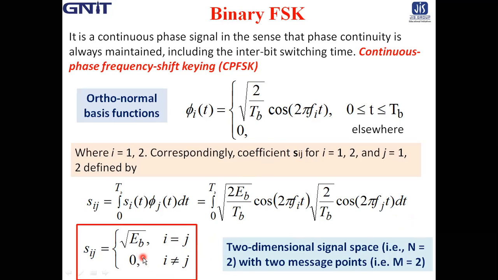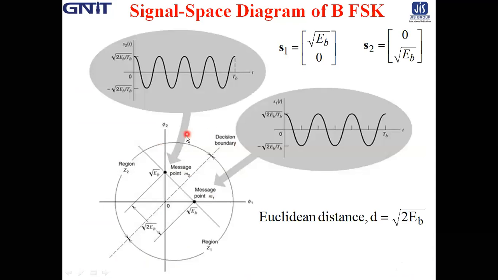Thus, unlike coherent BPSK, a coherent binary FSK system is characterized by having a signal space that is two-dimensional, that means N equal to 2, with two message points, that means M equal to 2. Which is shown here in this figure.